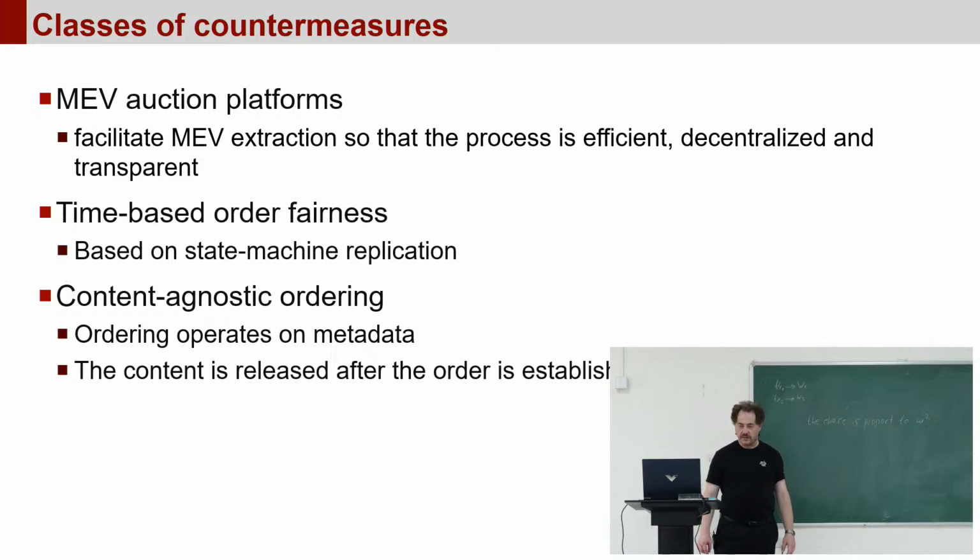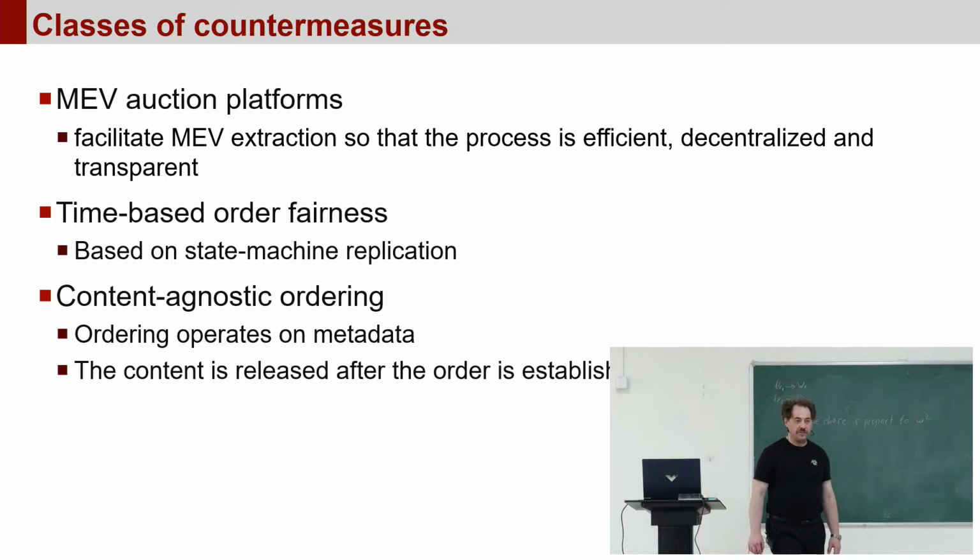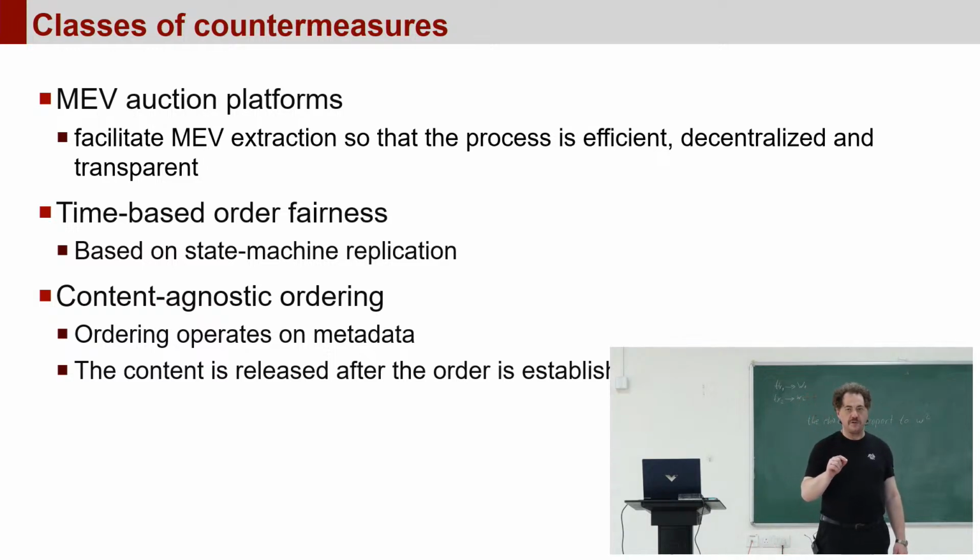The second and the third one are trying to prevent MEV. The first one says, no, MEV is fine. We cannot prevent MEV. So the best we can do is to make MEV legal, but also very transparent. So we'll know when MEV is going on.